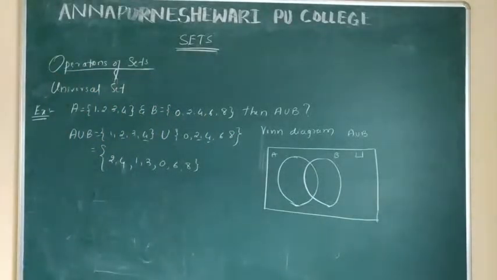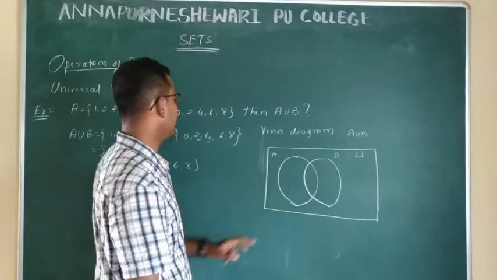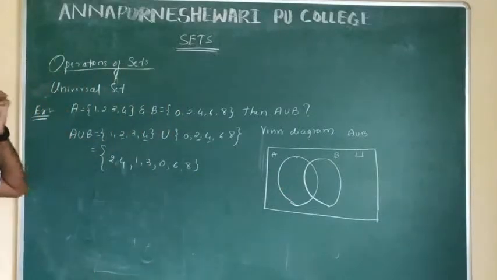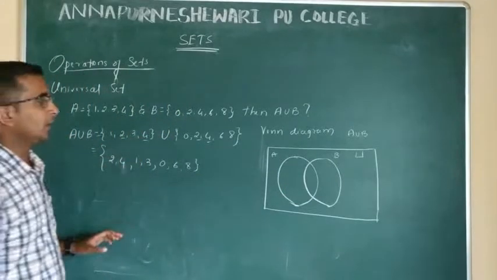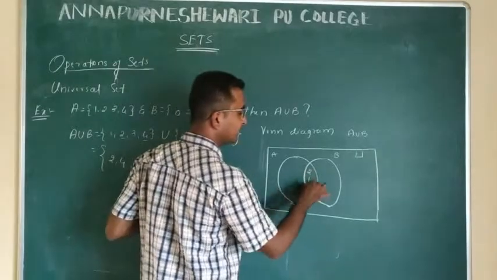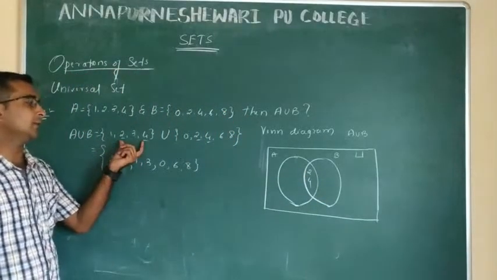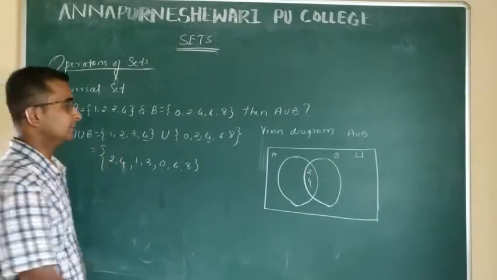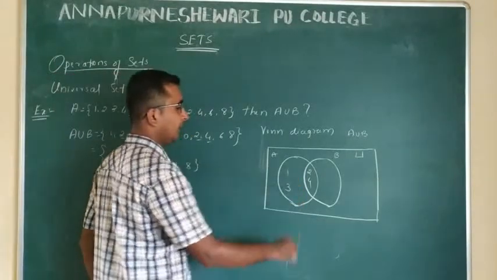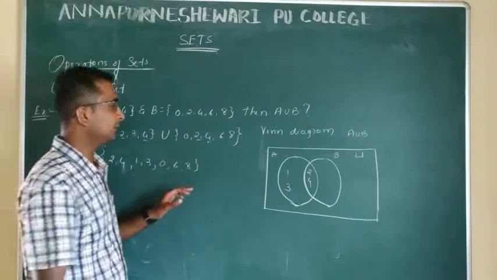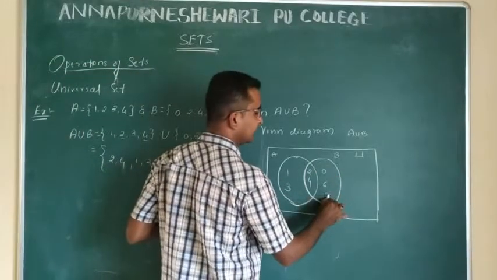Here in the middle, we have to write the common elements. What are the common elements for sets A and B? That is 2 and 4, and we write them in the middle. And the remaining elements except 2, 4, what are the elements left in set A? 1, 3. And in set B, which elements are left? That is 0, 6, 8.